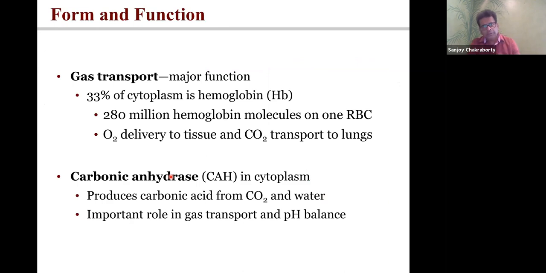So what is the red blood cell mainly responsible for? Gas transport. They take oxygen from the lung to the cell, and they take carbon dioxide from the cell to the lung so that we can release it. The details about gas transport, exactly how oxygen binds to the hemoglobin molecules and how the oxygen is carried, and the same thing with carbon dioxide, we are going to study in more detail in the respiratory system.